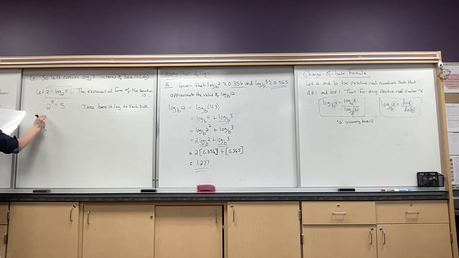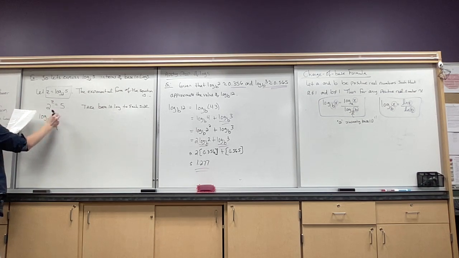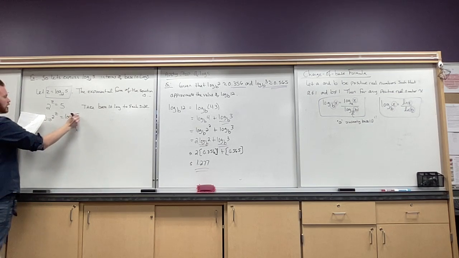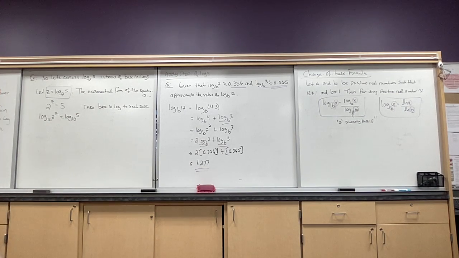So this is going to be log 10 of the argument 2 raised to the z power. Sorry, that's a z there. And then on this side, log base 10, argument 5. So again, I just took log base 10 of both sides of the equation, kind of like when you're solving an equation.